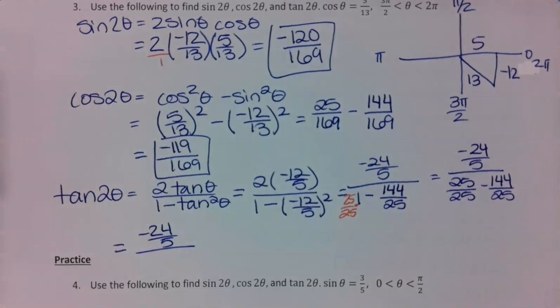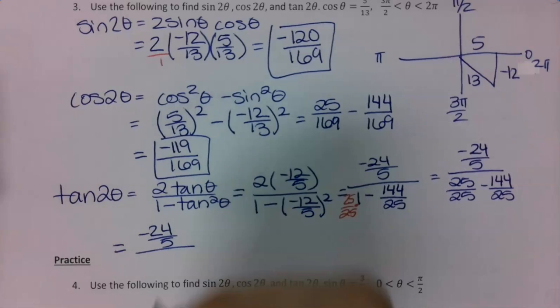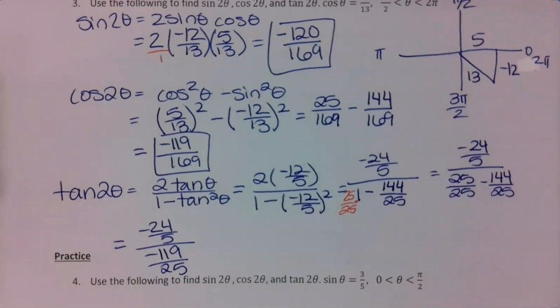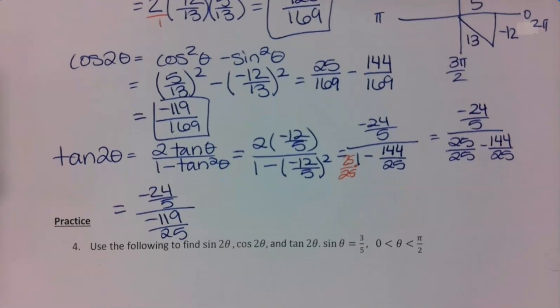What do I get on the denominator? Okay, now I can multiply by the reciprocal.